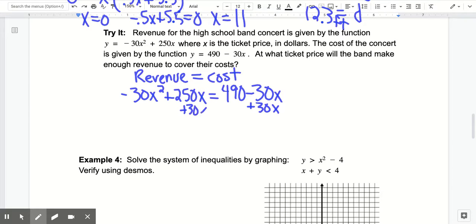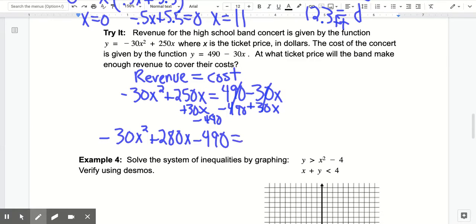Plus 30x minus 490. That does not have a like term over here. I'm just going to stick it there. Sorry, got a little sloppy there. So we get negative 30x squared plus 280x minus 490. Those are big numbers.